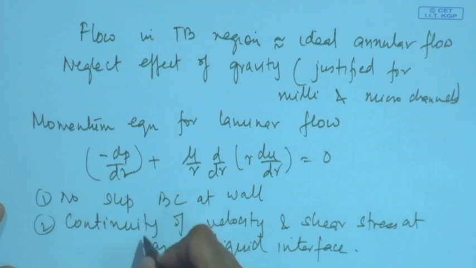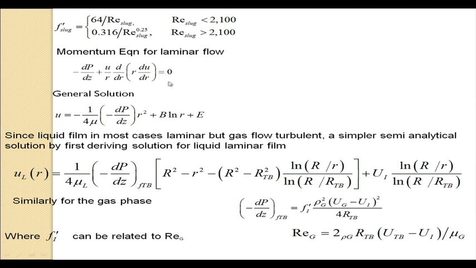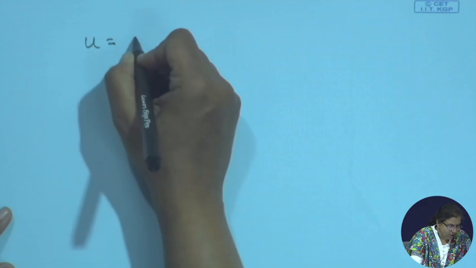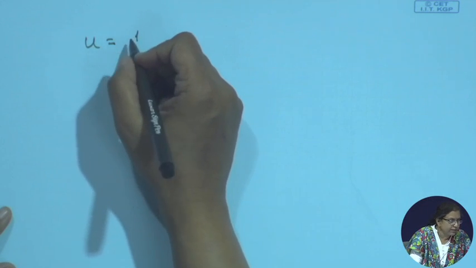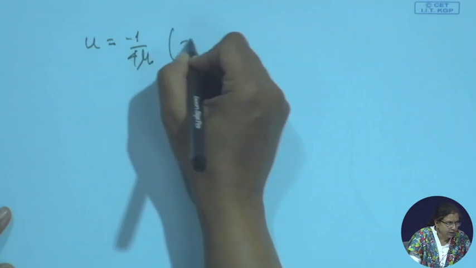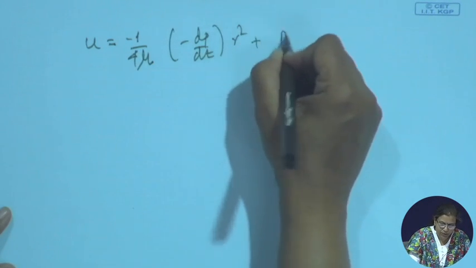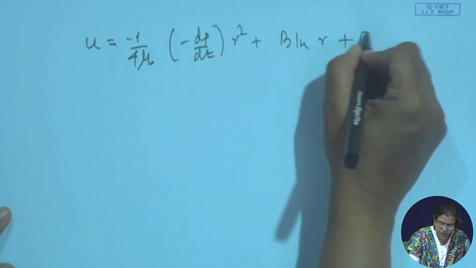So, based on these two assumptions, we find the general solution to this equation, which I have also mentioned here. This I would like to write down so that you can follow it better. The general solution can be given as u = (minus dP/dz) r² plus b ln r plus E.